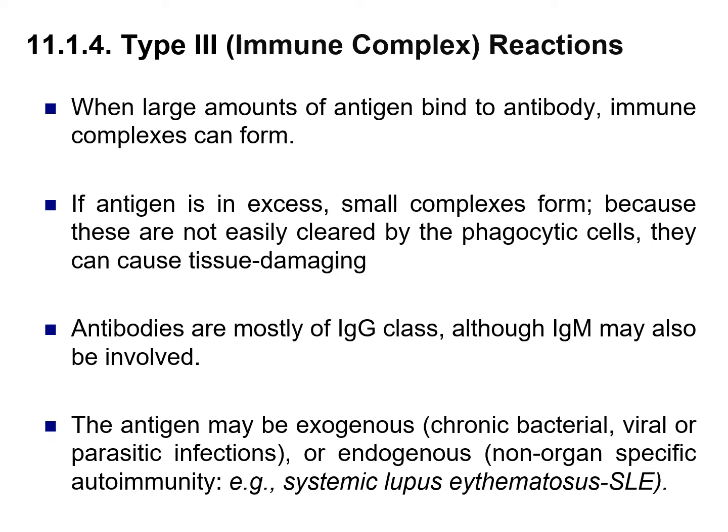Some examples of antigens that can do this kind of damage are bacteria, viral antigens, parasitic infections, or even anti-nuclear antibodies that are formed against the nucleus of certain cells in the case of systemic lupus erythematosus, or SLE.